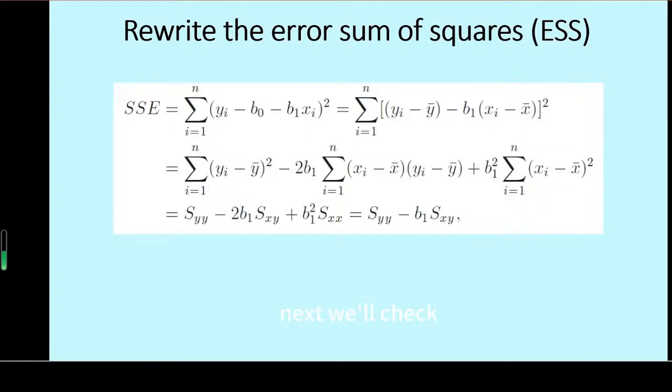Next, we'll check the error sum of squares, ESS or SSE. SSE is the sum of the squares, where inside the squares is the y value minus the mean value of the regression for given x.